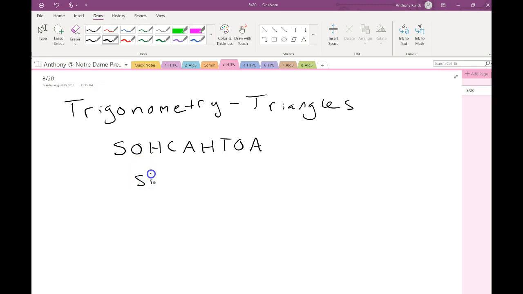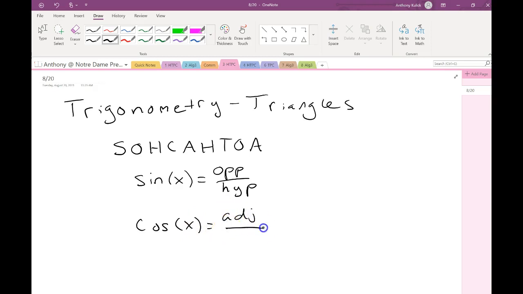So SOH tells me that sine of some angle is equal to opposite over hypotenuse. CAH tells me that cosine of some angle is equal to adjacent over hypotenuse. And TOA tells me that tangent of some angle is equal to opposite over adjacent.